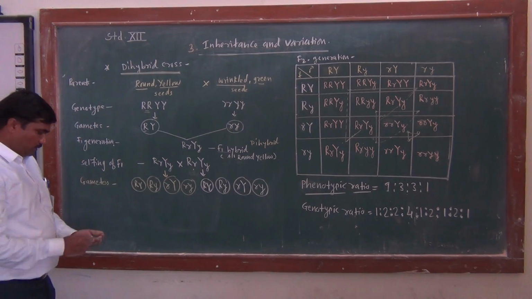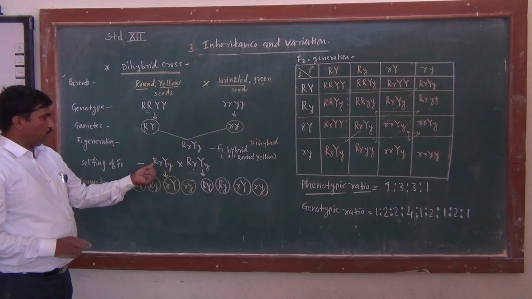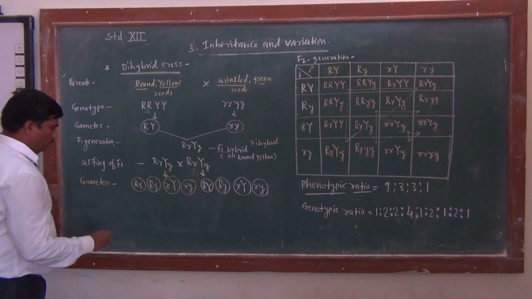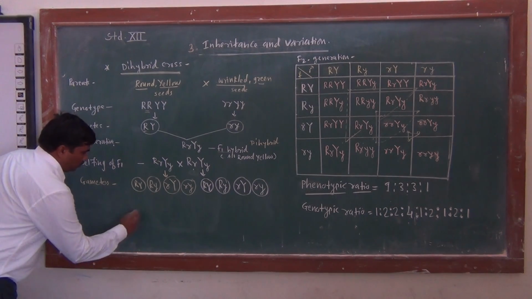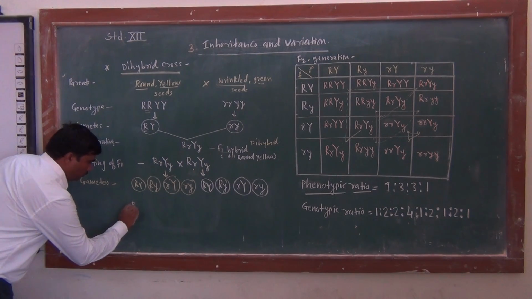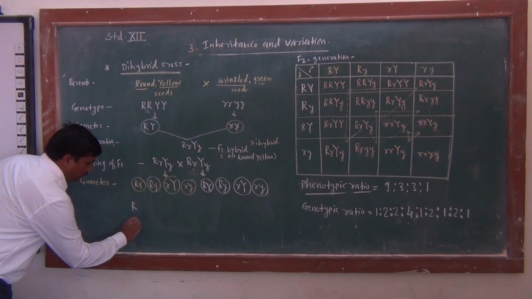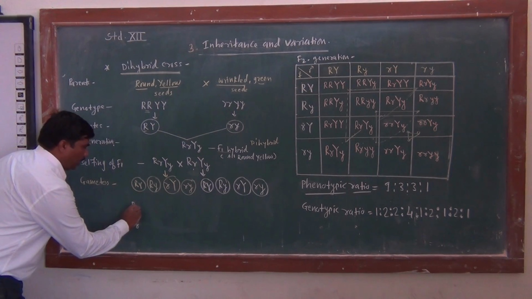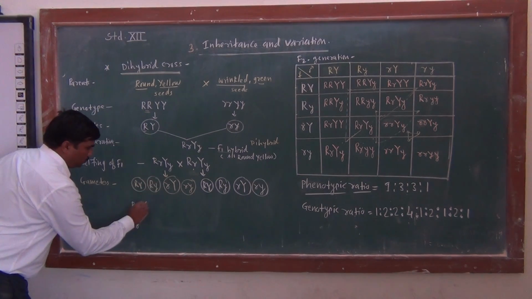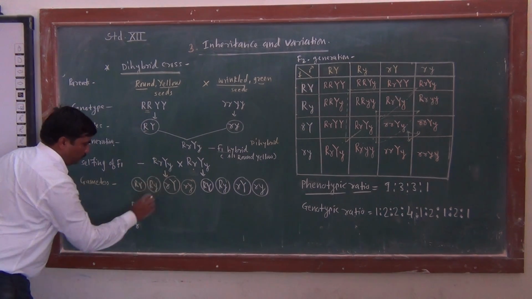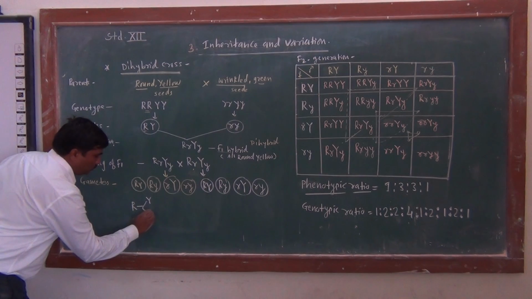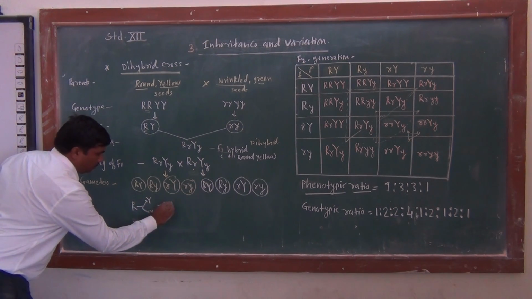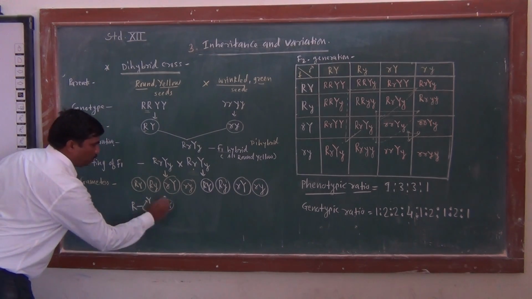How do we make the gametes here? With capital R, small r, capital Y, small y. See here, I give one trick, the friction method. This is capital R and this is small r. So capital R crosses with capital Y, then with small y. So capital R, capital Y is one type of gamete.